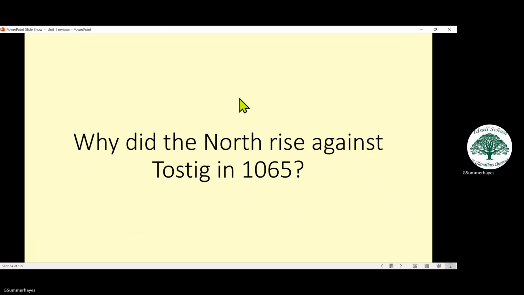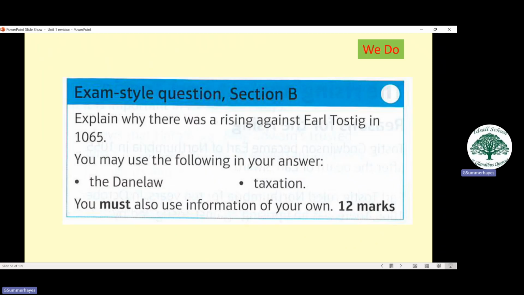I'll crack on, because the next thing that happens in 1065 before Edward dies is Tostig has a rebellion against him. So, for example, if you get a question on this, it might be a 12-mark question where you have to explain 3 reasons why there was a rising against Earl Tostig.